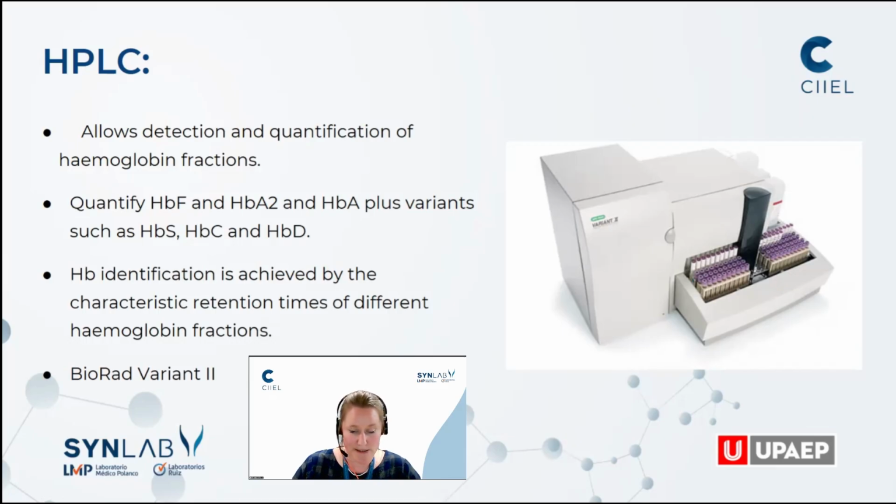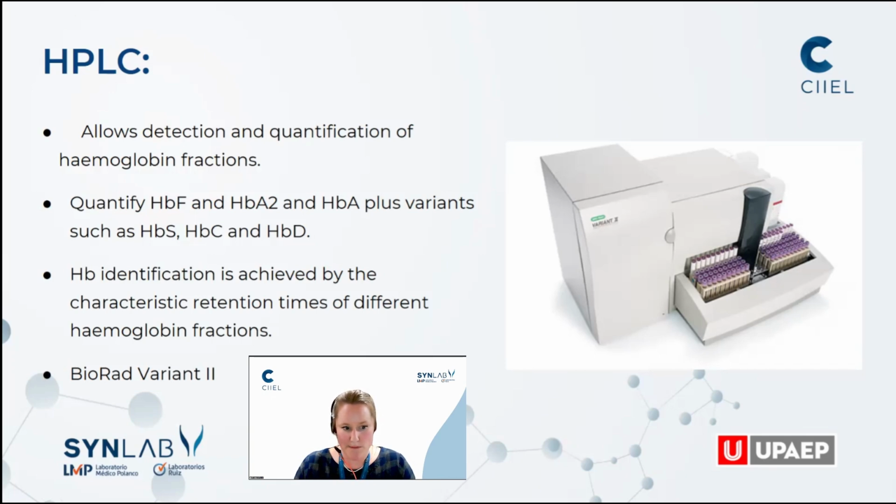It enables us to quantify the hemoglobin F, A2, and hemoglobin A, and several variants such as S, C, and D. So with HPLC, high performance liquid chromatography, what happens is within the machine here that you see on the right, you load your blood samples in and they get run through the machine, and within the machine there's a column, and different buffers are applied to that column to produce an ionic gradient across the column.